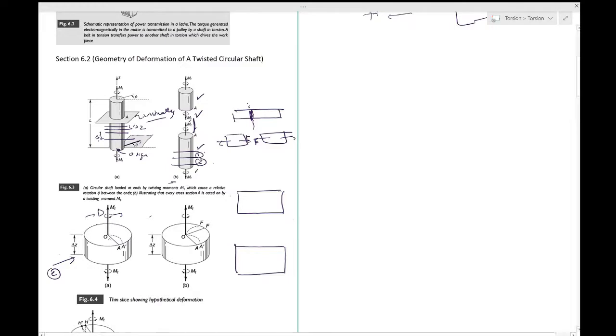So if this has bulged out, the other end would bulge out. Okay, now this was one, and because both of them have to show the same deformation pattern, this will also bulge out and this will also bulge out.